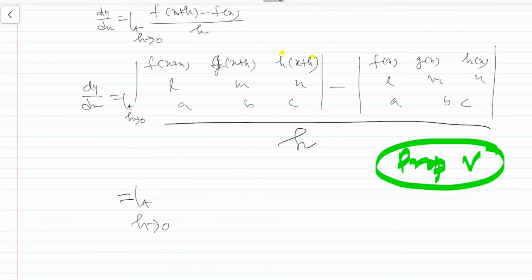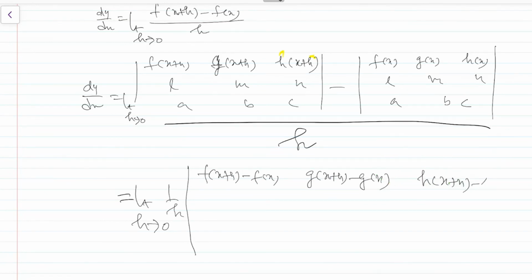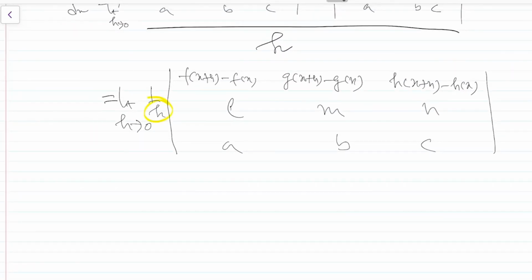Using this property, we'll get limit h tends to 0 remains as it is, 1 by h times the determinant with first row f(x plus h) minus f(x), g(x plus h) minus g(x), h(x plus h) minus h(x). Second row and third row will remain same, l, m, n; a, b, c. This h we can divide into either first row or second row or third row, or we can divide first column, second column, or third column, anyone.